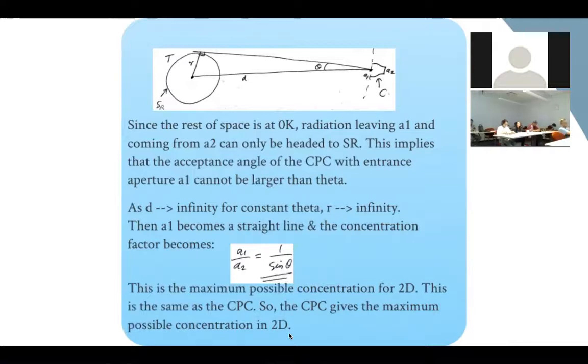Okay, so it's a bit of a roundabout argument, but basically we are showing here, at least qualitatively. So it's not a purely rigorous argument if you go through it super carefully, but basically we come to the conclusion the CPC is the best you can hope to do.